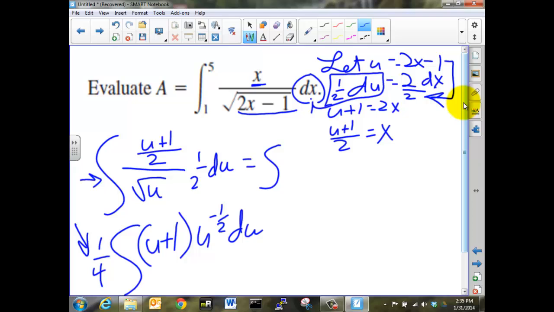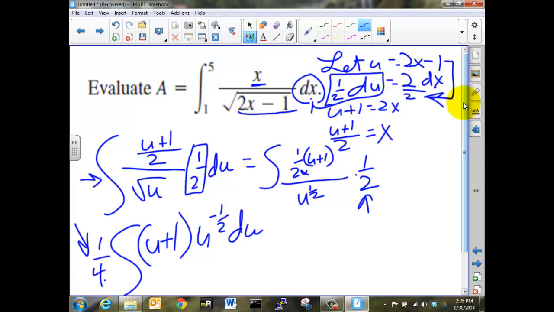And now I can say, well, I've got a 1/2 right here. And this quantity right here is the same as 1/2 times u plus 1 over u to the 1/2, times a 1/2. Now I'm going to take this 1/2 and this 1/2 outside. That's where I got the 1/4 from.